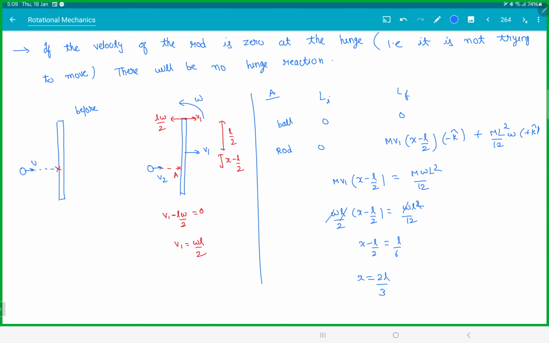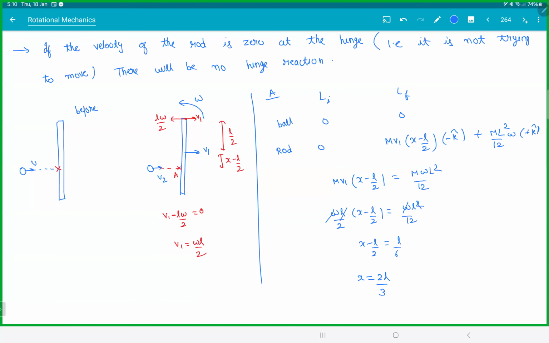That is where you want to hit anything so that your hands don't get hurt. So there. Quite useful when you're teaching someone how to go and beat someone. So helps. That is why you want to hit them at 2L by 3.